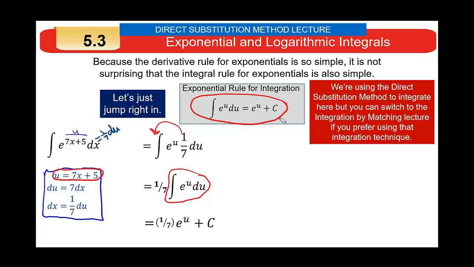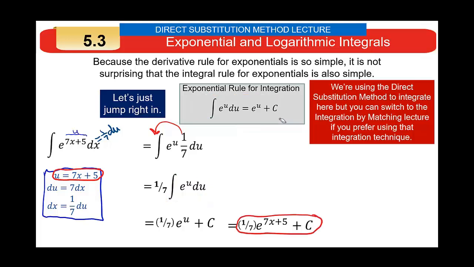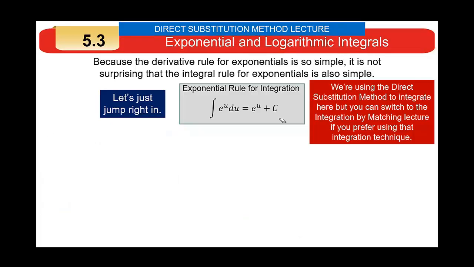You end up substituting back in at the end, get rid of the u, put the 7x plus 5 back in because we put the u in to start with. We have to get rid of it when we're done. So the integral of e to the 7x plus 5 is 1/7 e to the 7x plus 5 plus a constant of integration. Let's do another one.